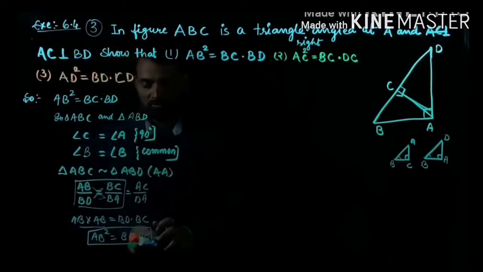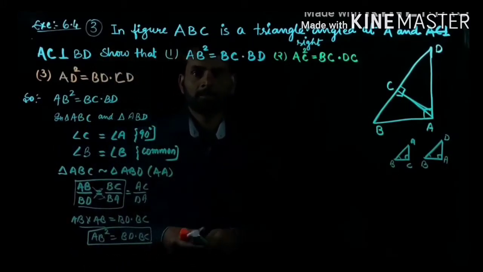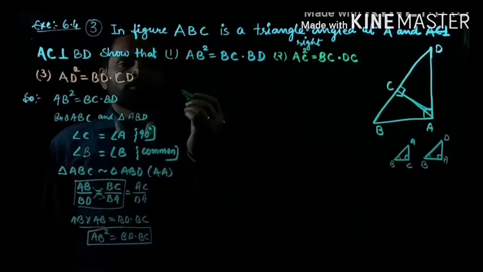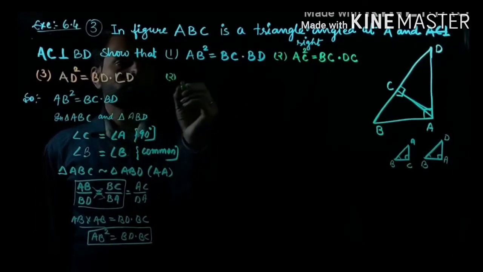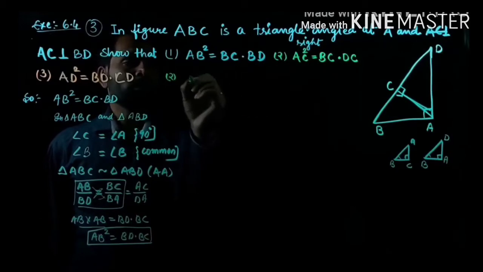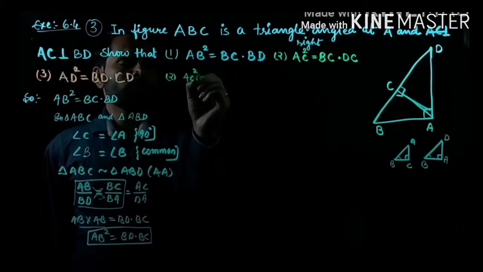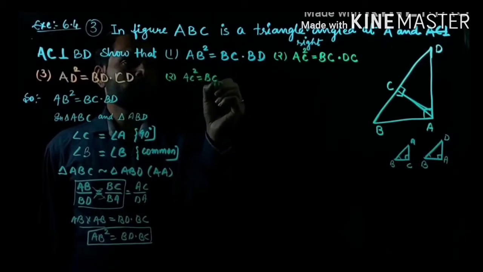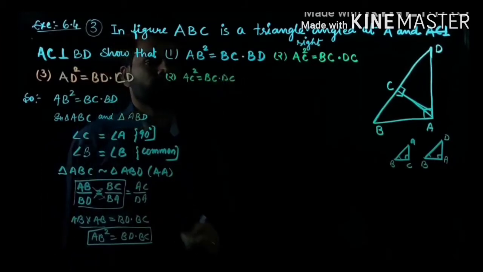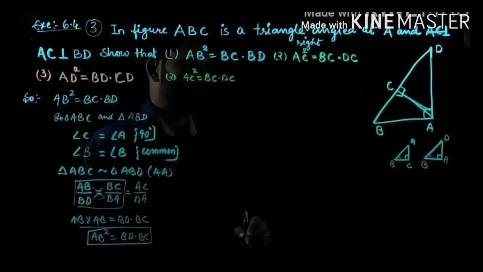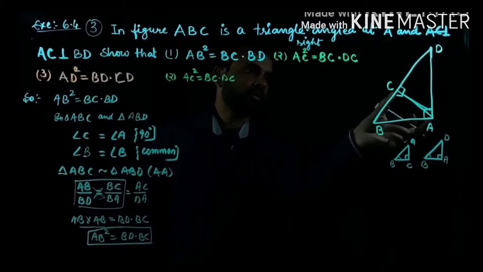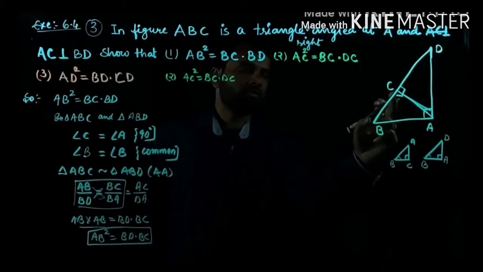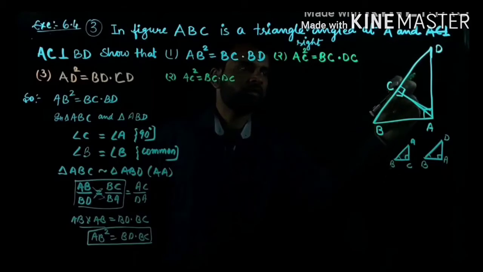Okay, now the second solution is given. Second solution is AC square is equal to BD into DC. It is similar to question number two. Here AC square is equal to BC plus DC.